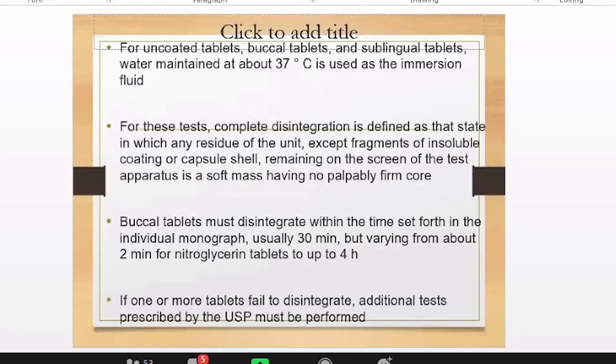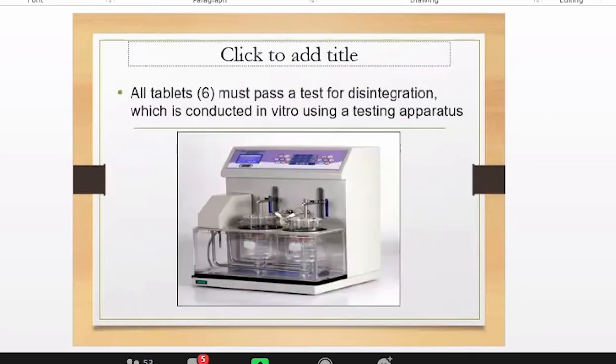So, the testing of these tablets, the disintegration test, we conduct in what we refer to as the disintegration testing apparatus.